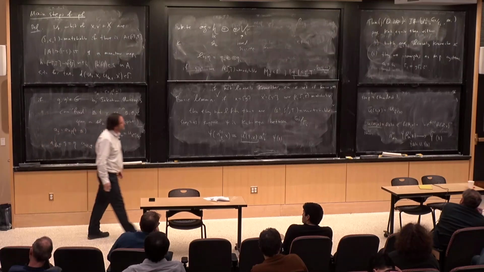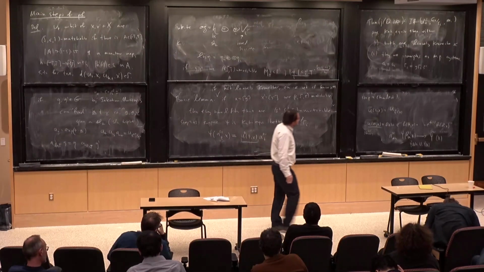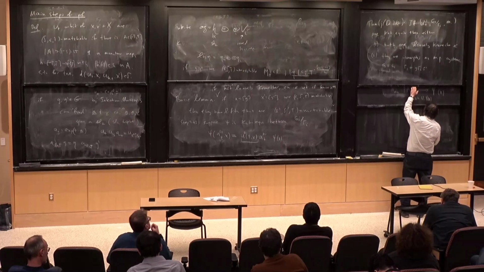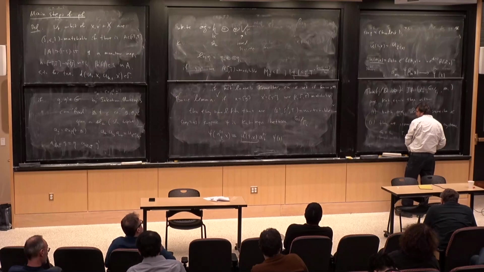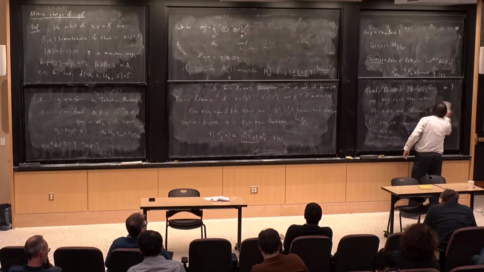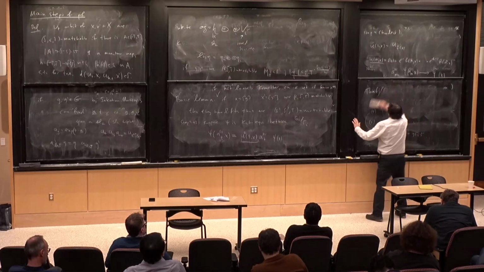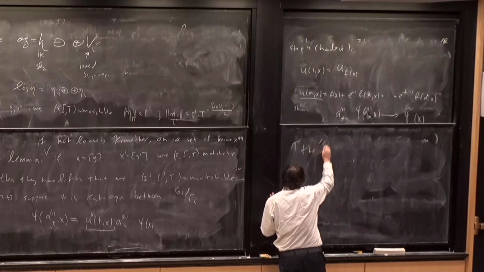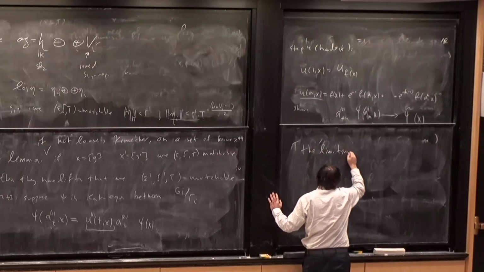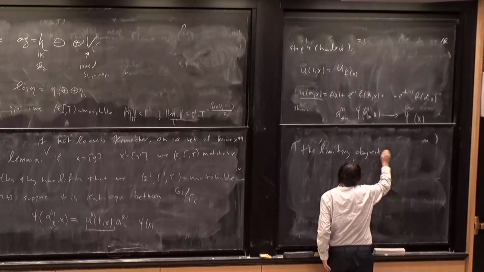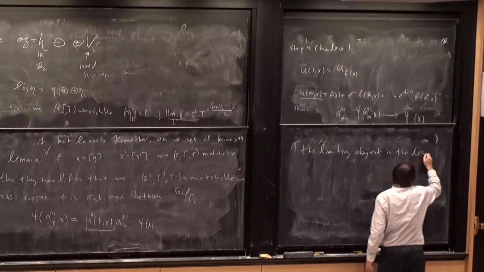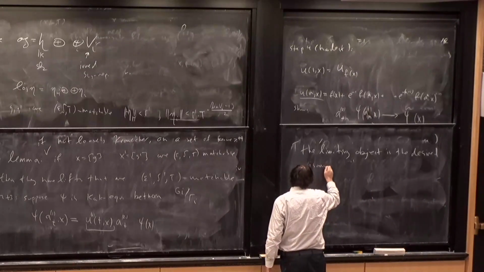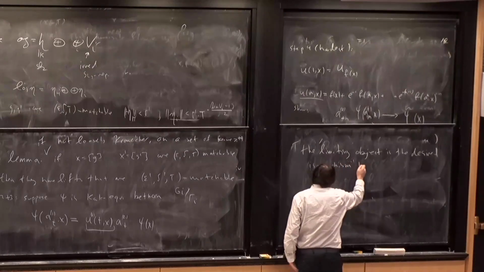Once you prove this, the limiting object is the desired isomorphism between the systems.